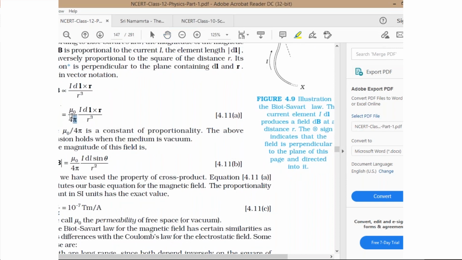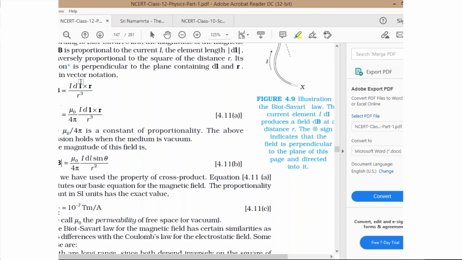You can see this, it is mu naught by 4 pi, and this mu naught by 4 pi has a value in SI unit as 10 to the power minus 7 Tesla meter per ampere. So this unit you can find out from this equation, okay.